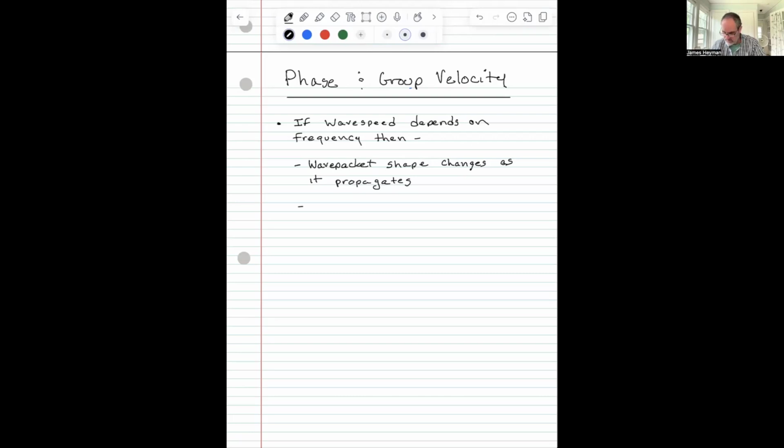Okay, and in general, we've seen that the envelope speed, which we'll call the group velocity, will not equal the speed of the wavefronts, what's called the phase velocity.